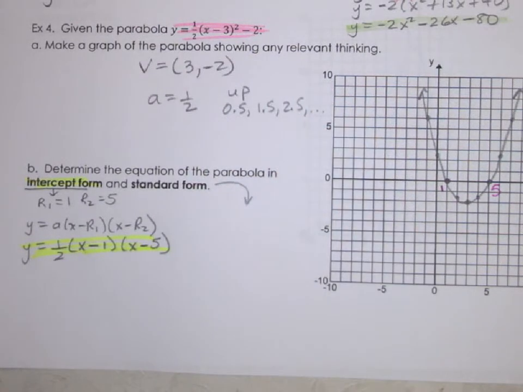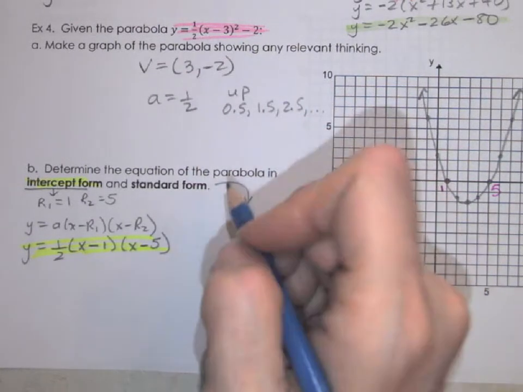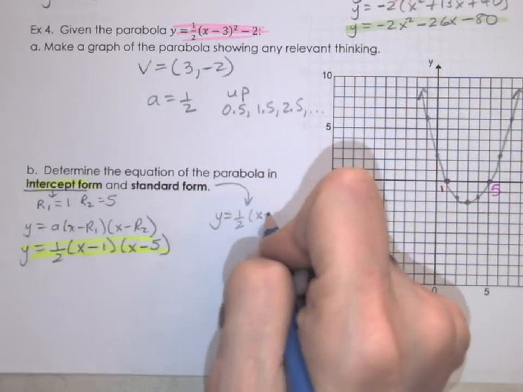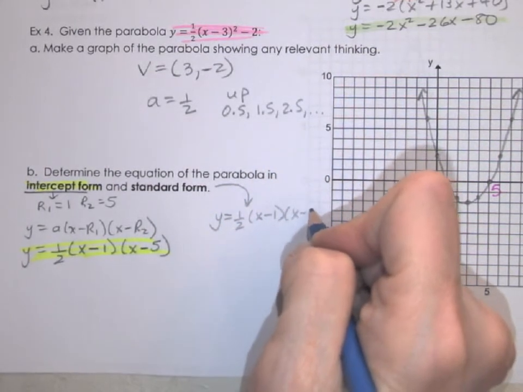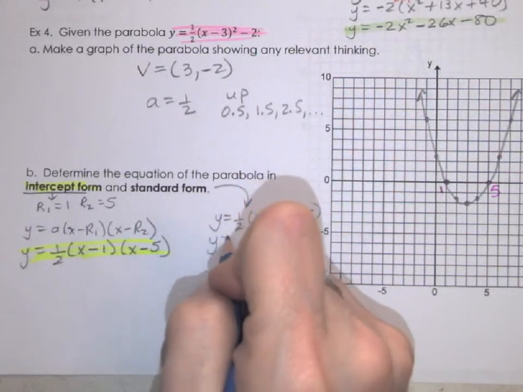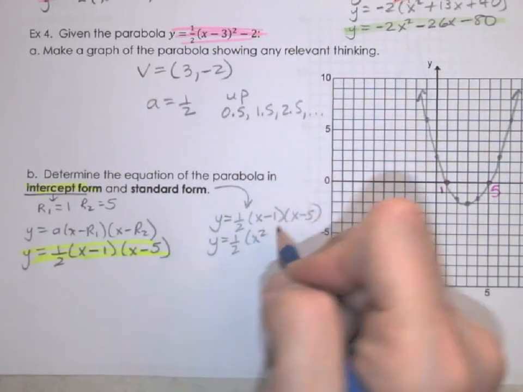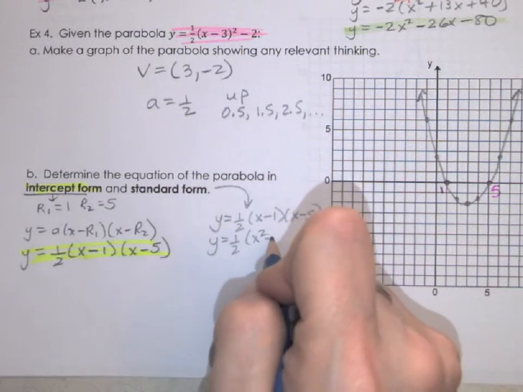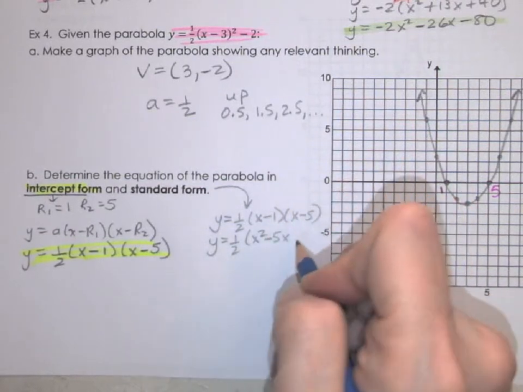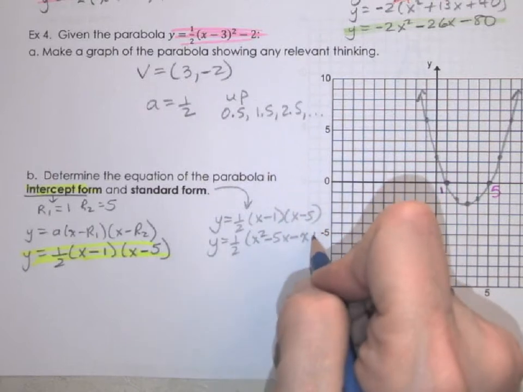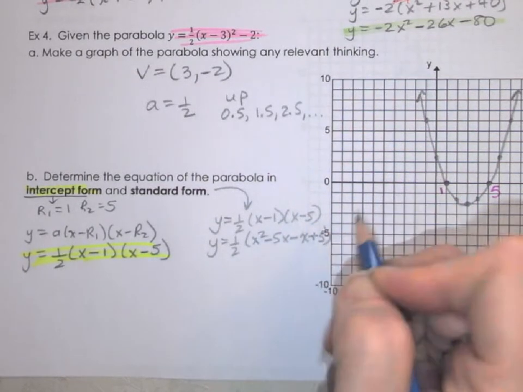So to get the standard form again, I'm going to start off with the intercept form and then expand using FOIL. So x times x is x squared, x times negative 5 is negative 5x, negative 1 times x is negative x, negative 1 times negative 5 is positive 5.